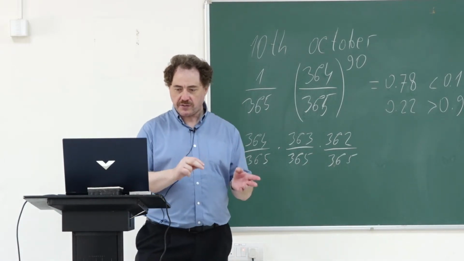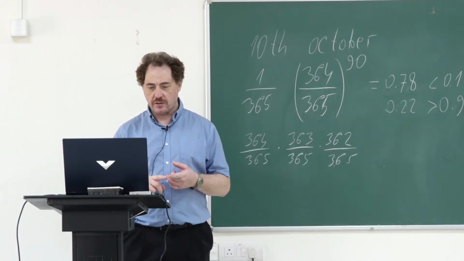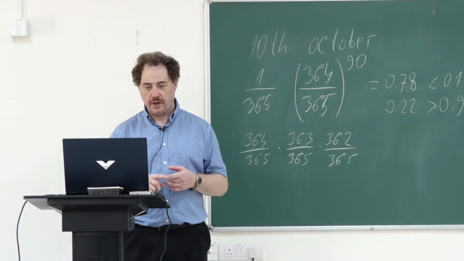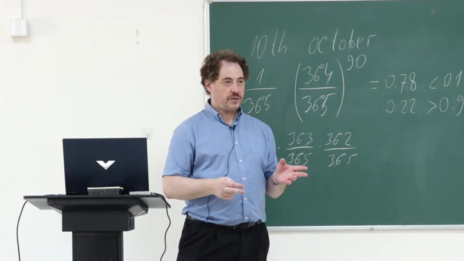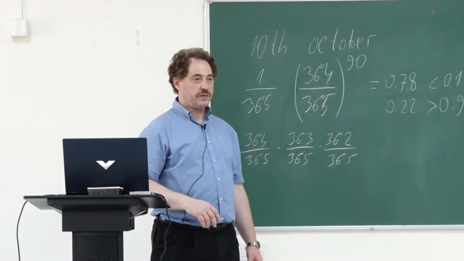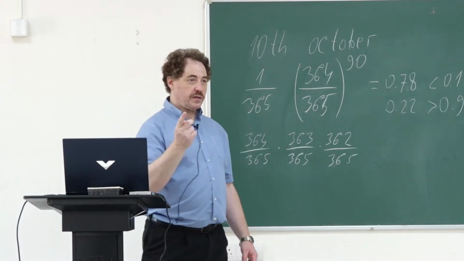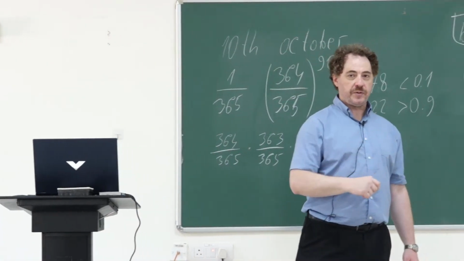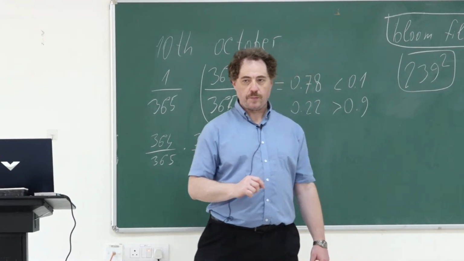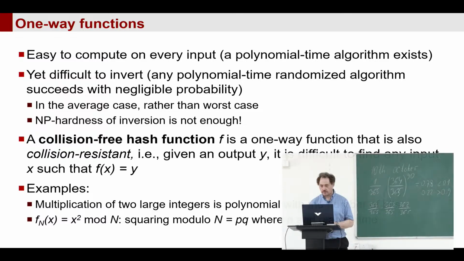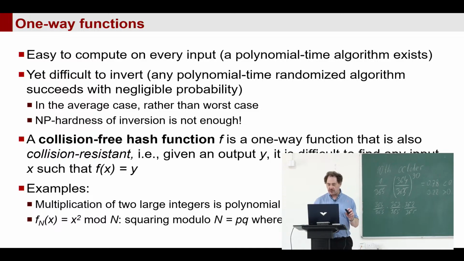We take an input x, calculate the square, and calculate the remainder modulo n. That's the output. If I give you x, you can calculate the function very easily, very efficiently. If I give you the remainder and ask you to give me the x that produced the remainder, that's a hard problem. Okay, so that's just one-way functions. It's not the fun part yet.